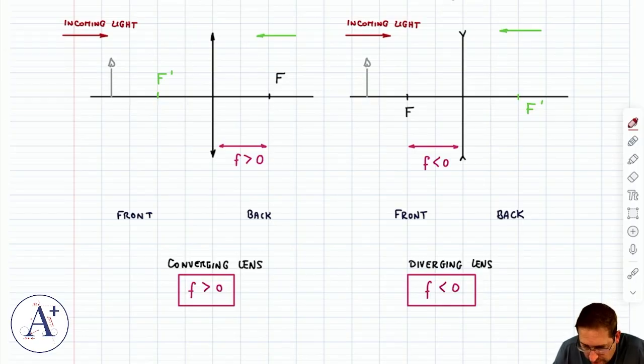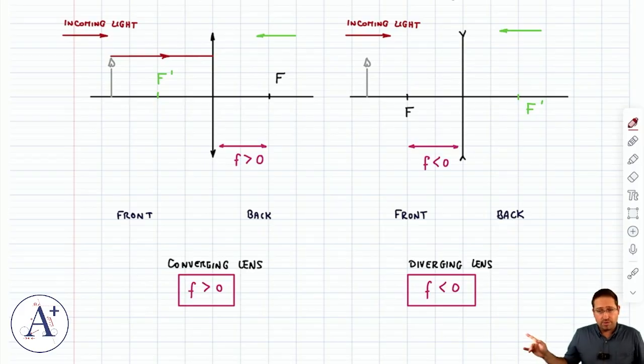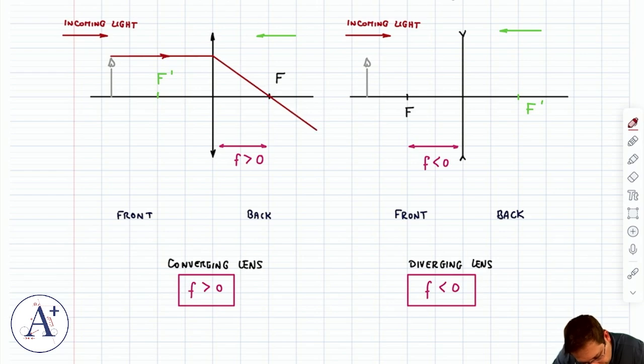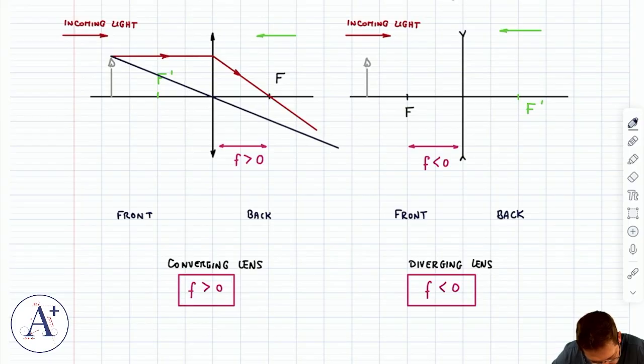So let's now start with ray tracing, and we will draw the ray that comes in parallel to the optical axis. Light is going to go through the lens, not reflect off of it, and this ray is going to emerge through the focal point. Then there's going to be the ray of light that leaves the candle and goes through the center of the lens.